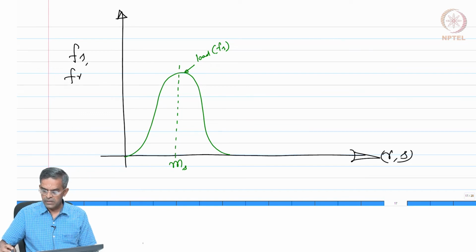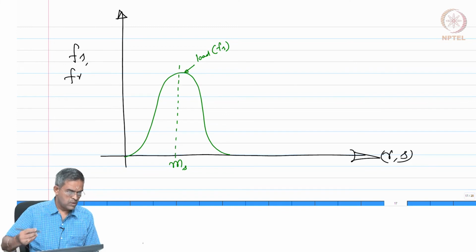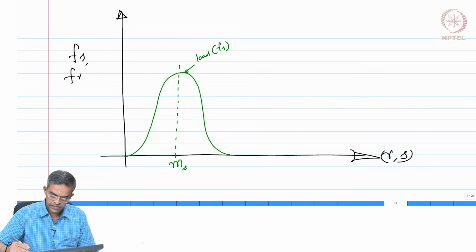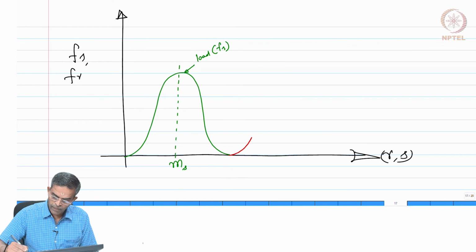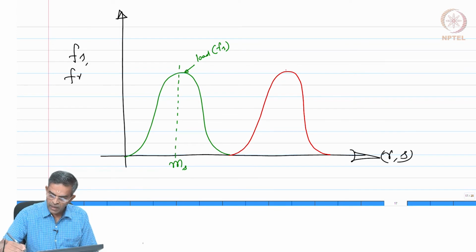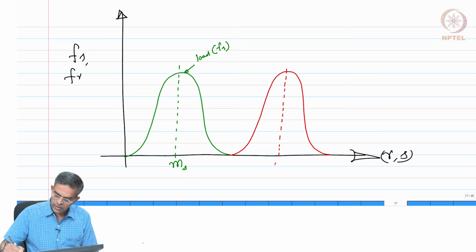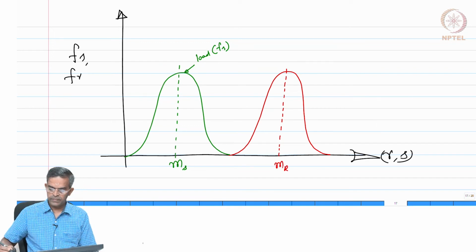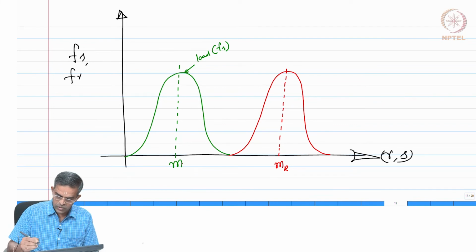Now, let us consider resistance for two distributions. One distribution is what I am showing currently now, which is having the mean somewhere here. Now let us also use this as capital S.